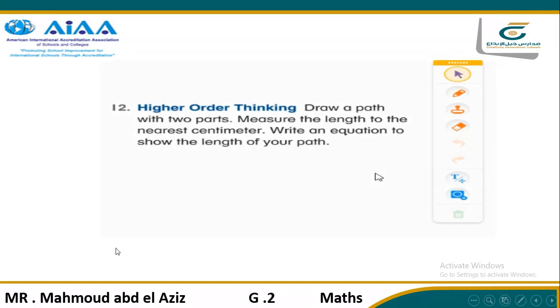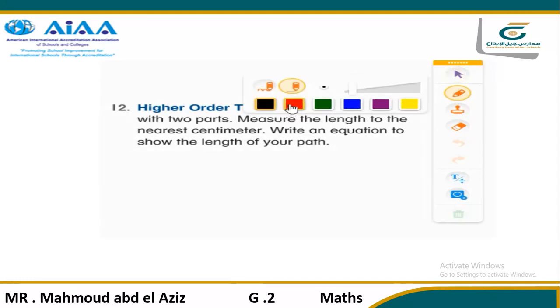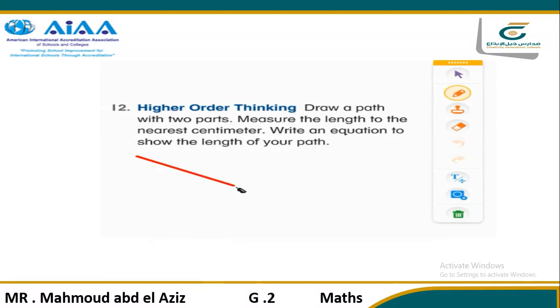Another question. Students, here in question number 12, I want to draw a path with two parts and measure the length to the nearest centimeter and write an equation to show the length of your path. First, we will draw a straight line like this one, and it's measured about 5 centimeters, and another one here with 2 centimeters.